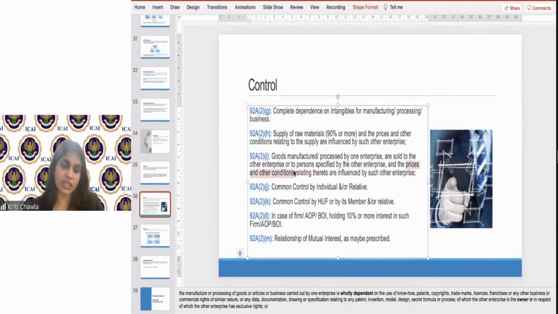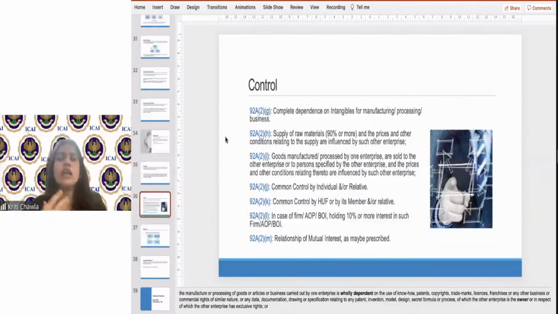Prices and such other conditions relating thereto are influenced by the other enterprise. Now, these are such widely worded terms. What do you mean by influenced by the other enterprise, etc.? So there are decided case laws that we rely on so as to understand what exactly is the meaning of these particular terms. But this is what the law really says.